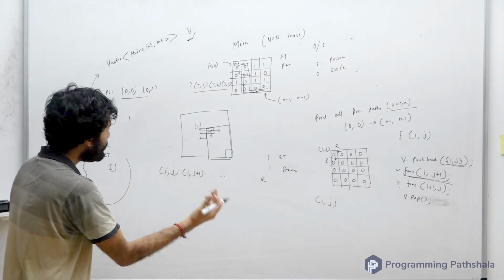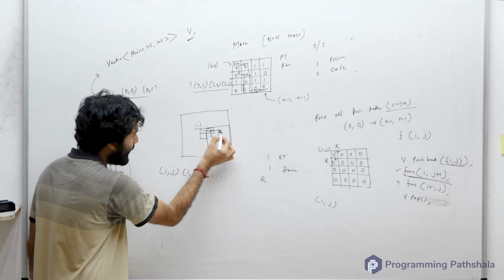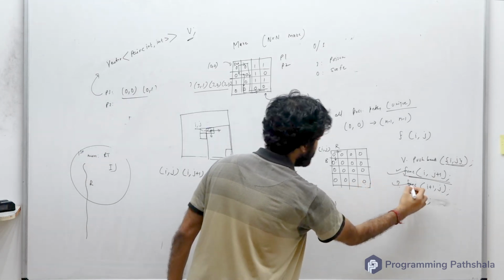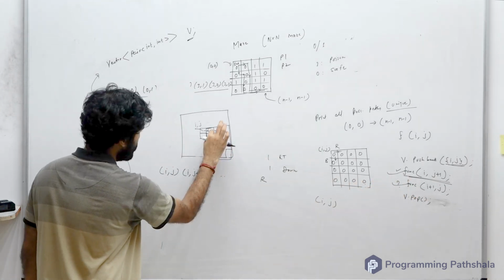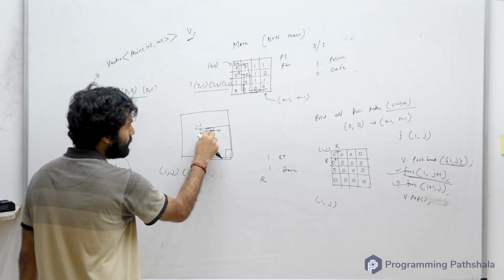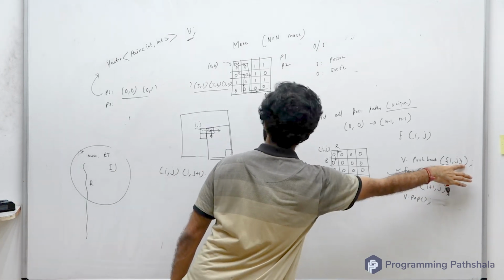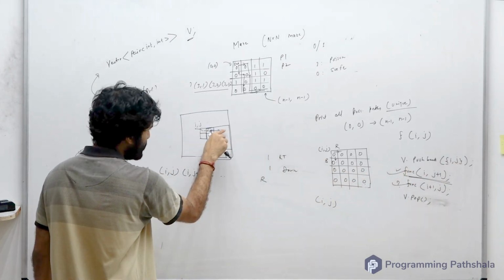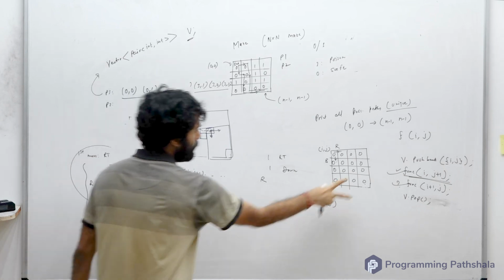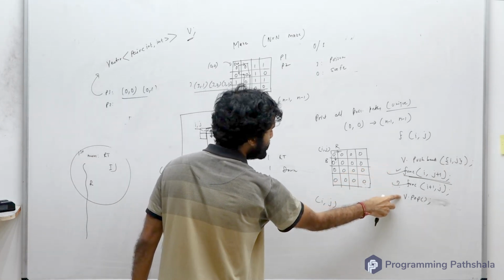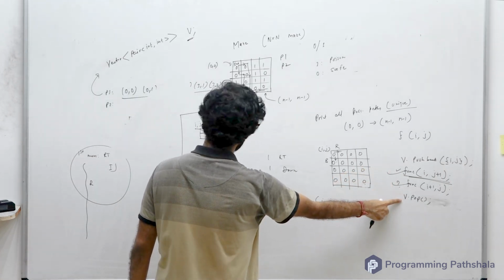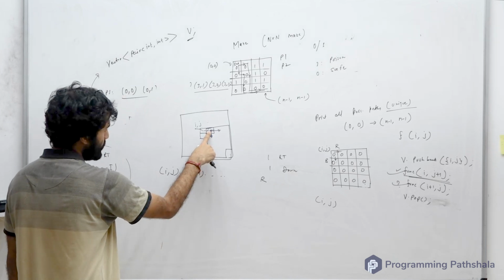So eventually what would happen when you have made the right call and bottom call also from this cell? So when you are at this cell, first you pushed this cell I comma j plus 1, then you made a right move, then you made a bottom move. When these two things are over, what would be the last thing that you would want to do? You would want to pop this thing out, right?